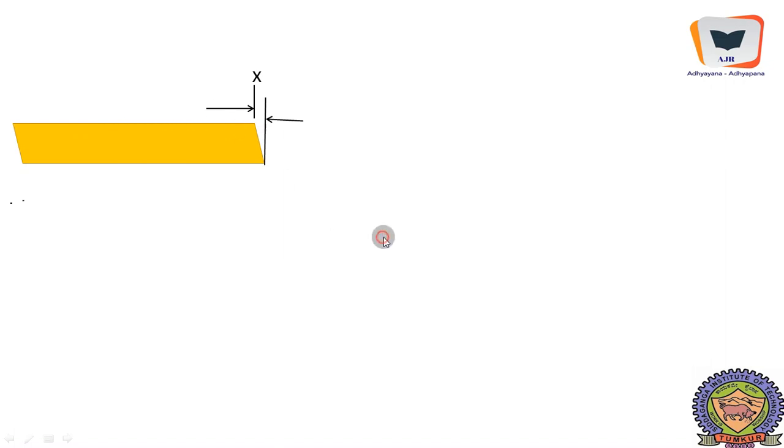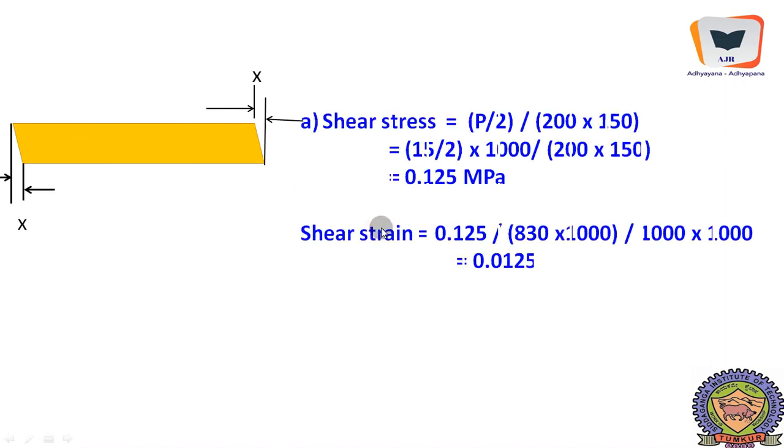Here it has been formalized, and this is the amount of dislocation at the one end and at the other end. Therefore, shear stress equals P by 2. We have considered only one plate. We could have considered the other plate also, the central plate where P is applied.